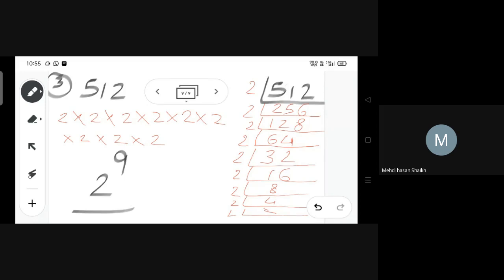Understood, all of you? Write down this sum.